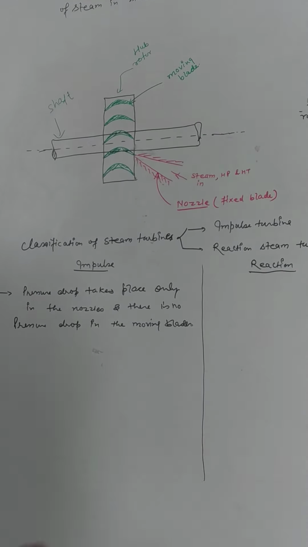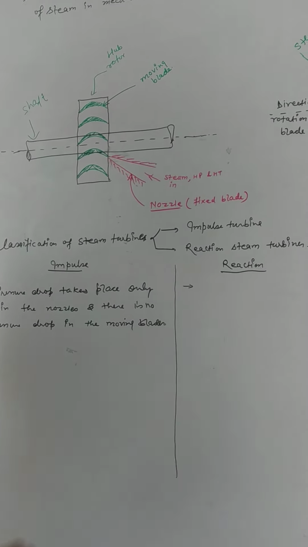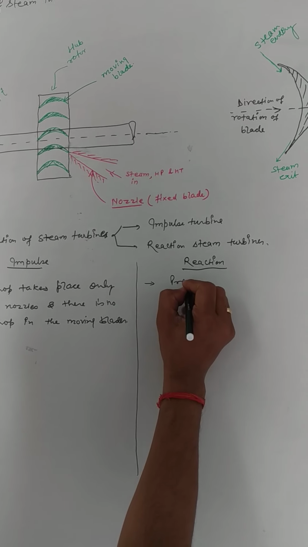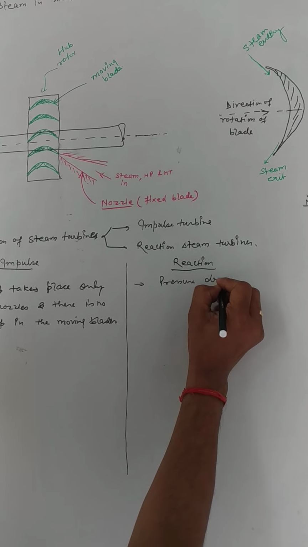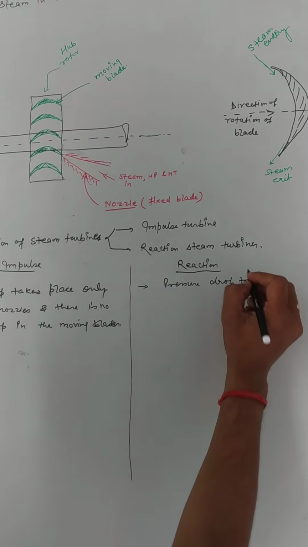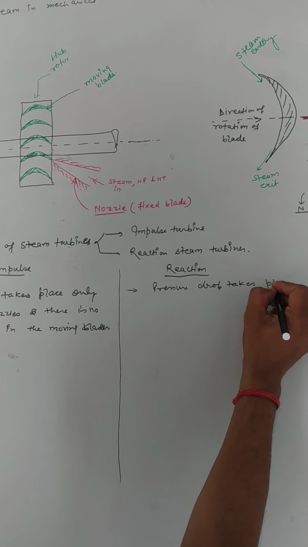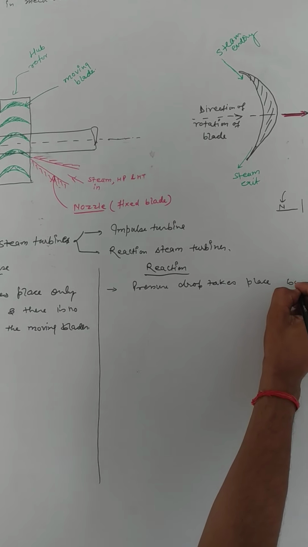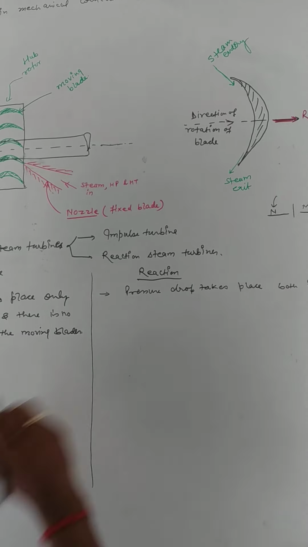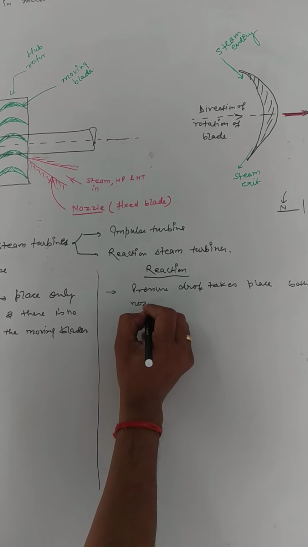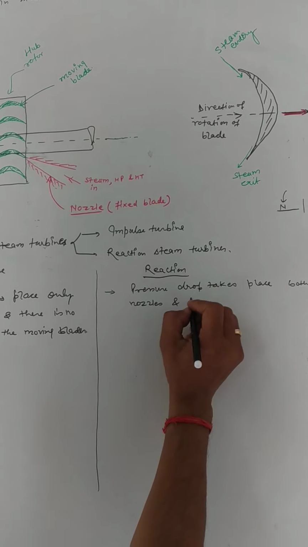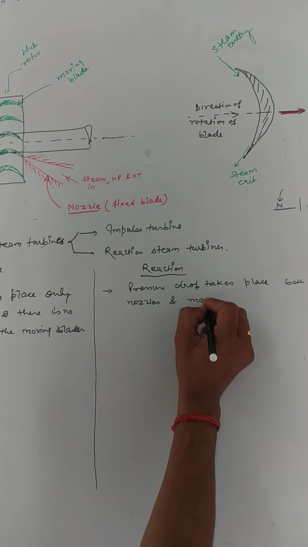But in case of the reaction turbine, the pressure drop takes place both in the nozzle and the moving blades.